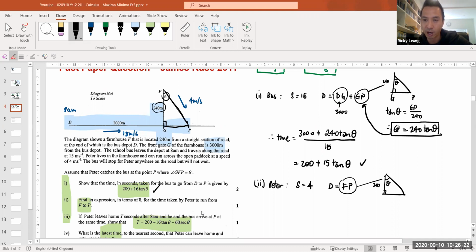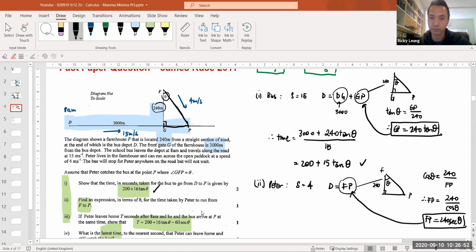The only difference is that I need FP here, where cos theta equals adjacent over hypotenuse. Make FP the subject: 240 over cos. Let's re-express that, because I need it downstairs anyway: 240 sec theta. Put a box around that. That's absolutely beautiful.